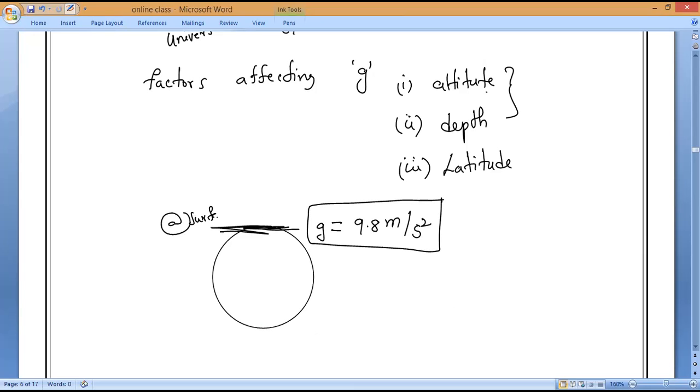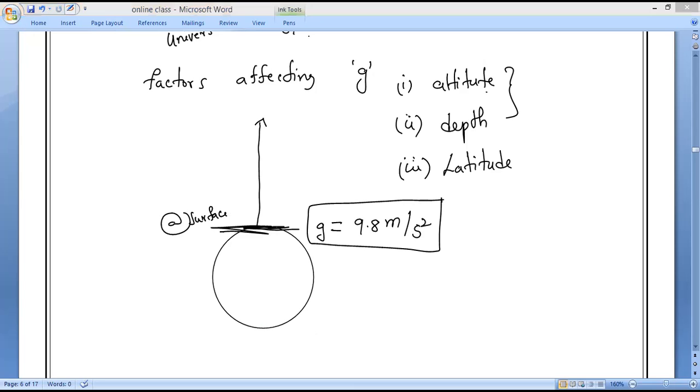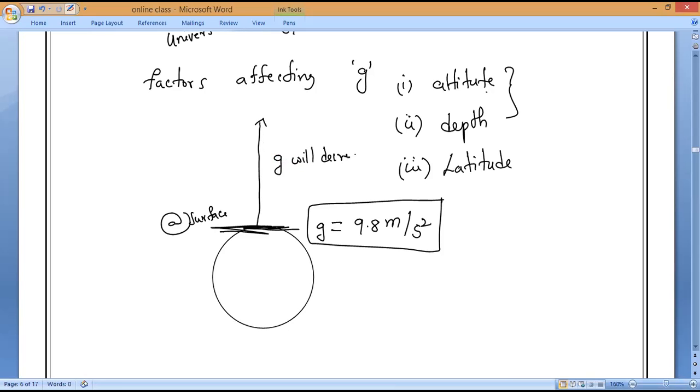Now, as we concluded, if we keep on going above from the ground, does the G value decrease or increase? It decreases. When you keep on going up away from the ground, G will decrease.